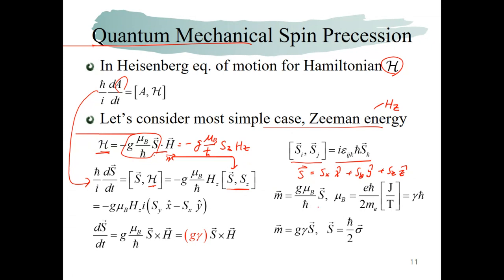If we have here S_x, comma S_z, with this commutation relation, we can obtain S_y, i H, with the minus sign.